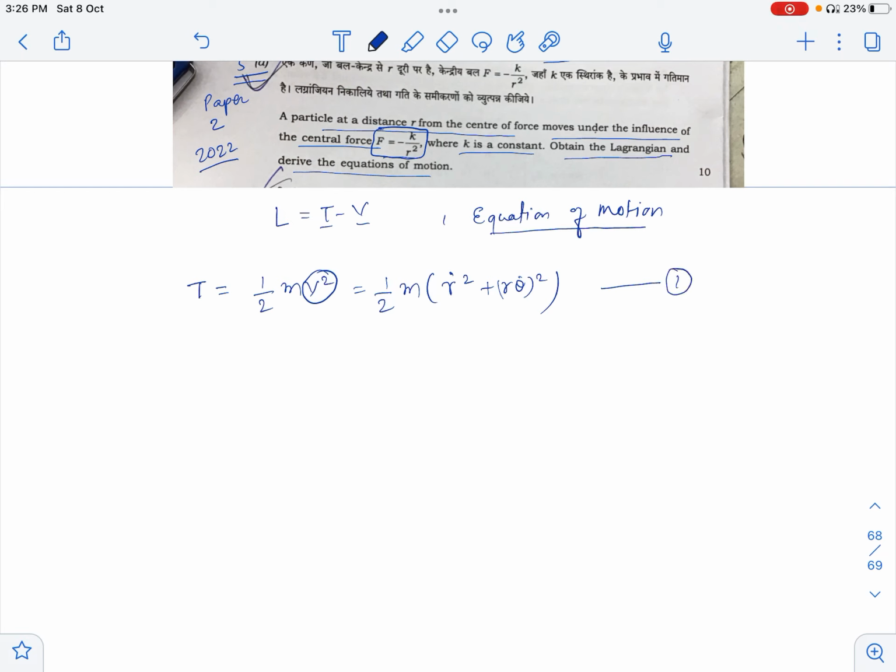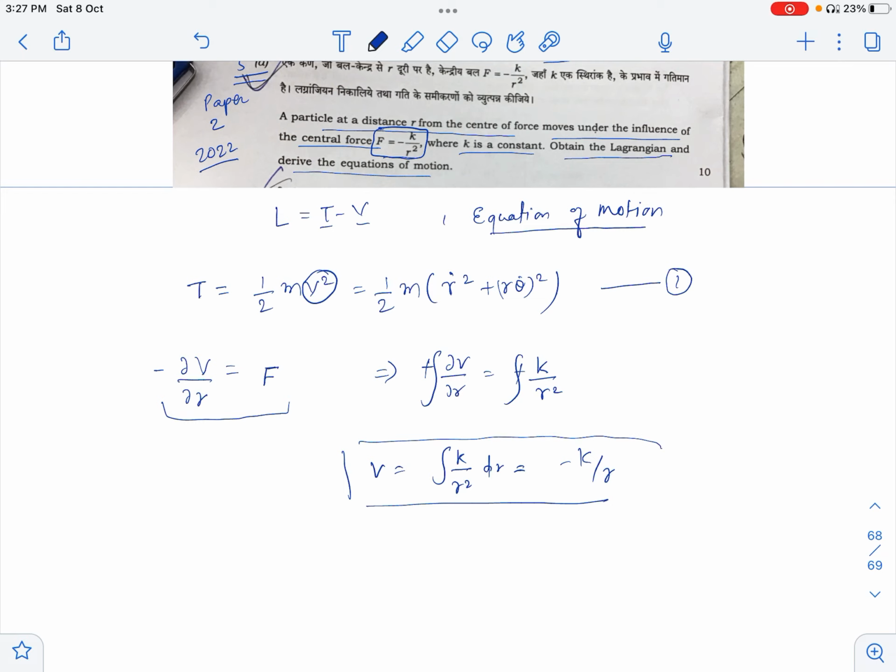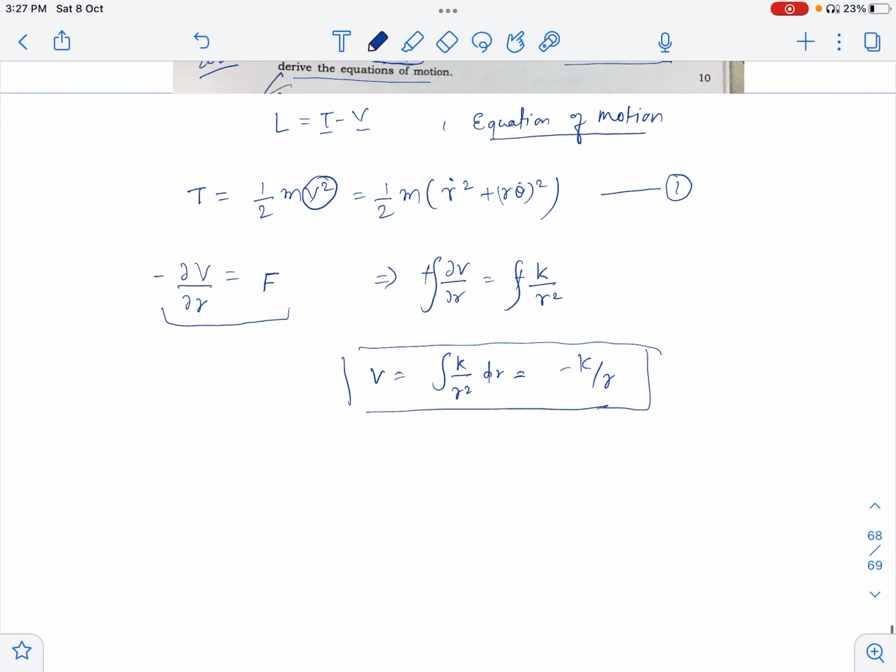Let us assume this is equation 1, and let us find V. Minus delta V upon delta r is equal to F. So remember this: minus delta V upon delta r is equal to F. That implies minus delta V upon delta r is equal to minus k upon r square. This minus minus is cancelled, and let us integrate. So V is equal to integration of k upon r square dr, which is minus k upon r. Let us for the moment ignore the constant of integration.